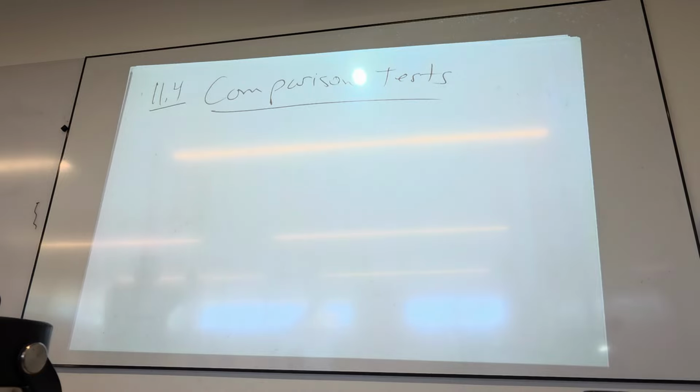The whole idea was, if I have a series that's always bigger than the one I'm looking at, and it converges, mine has to converge. It can't diverge. And if I have a series that's smaller than mine that diverges, then mine has to diverge. There's no other option.